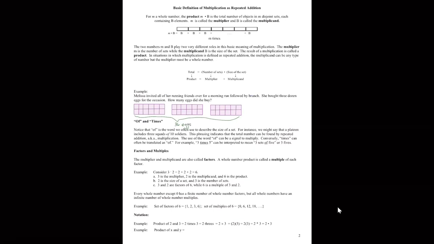But if we're looking for this relationship, the basic definition, so by definition, we'd be looking for the number of sets, in this case 3, and the number per set, which is 12, and then we would multiply to give a result of 36.